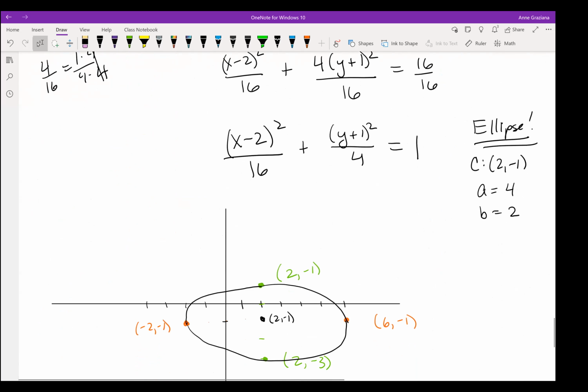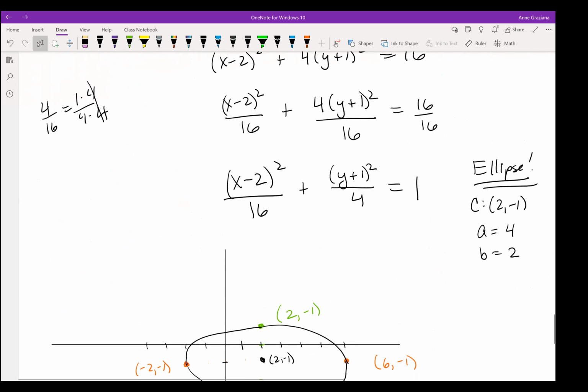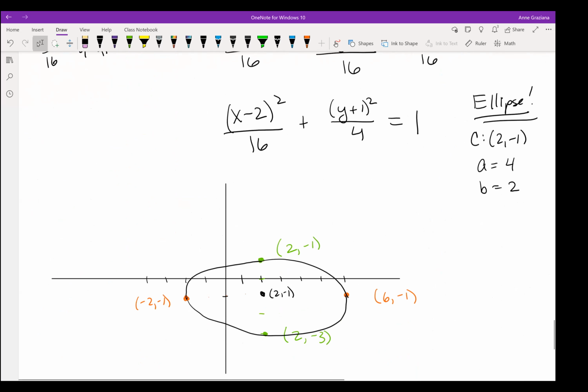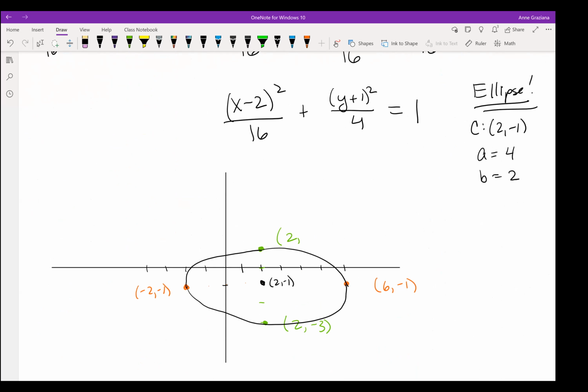Wouldn't the top be (2, 1)? Oh yeah, I had fixed it. (2, 1), yes. Thank you. -1 plus 2 units up is 1, you're right. Okay, any questions?